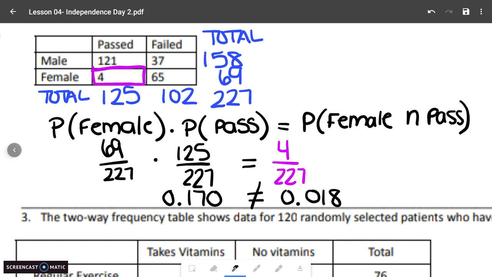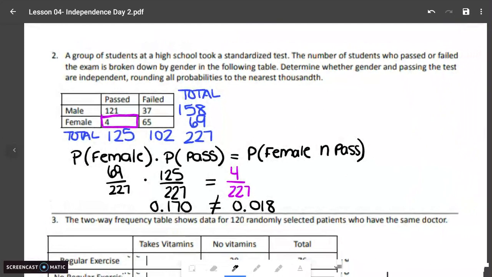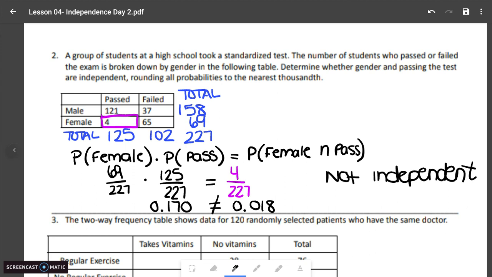The two are not equal to each other. And this is a test of independence, so they are not independent events. If they were independent, they would have been equal to each other. So not independent for us there.